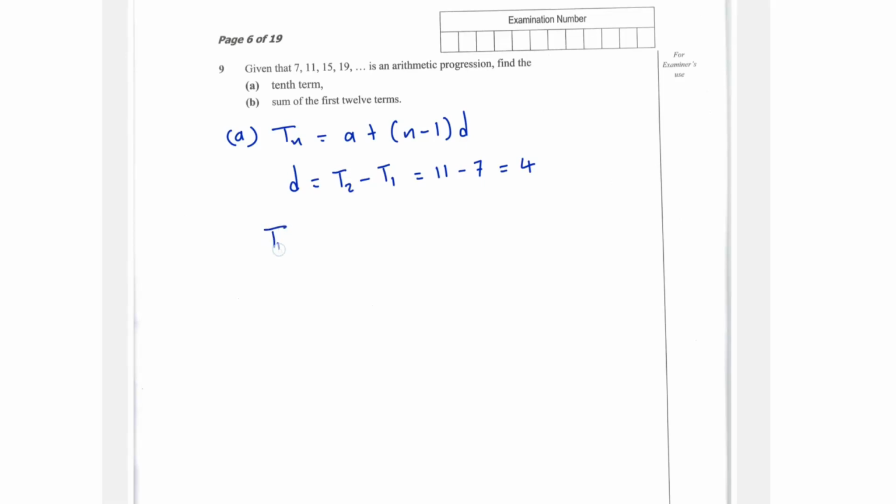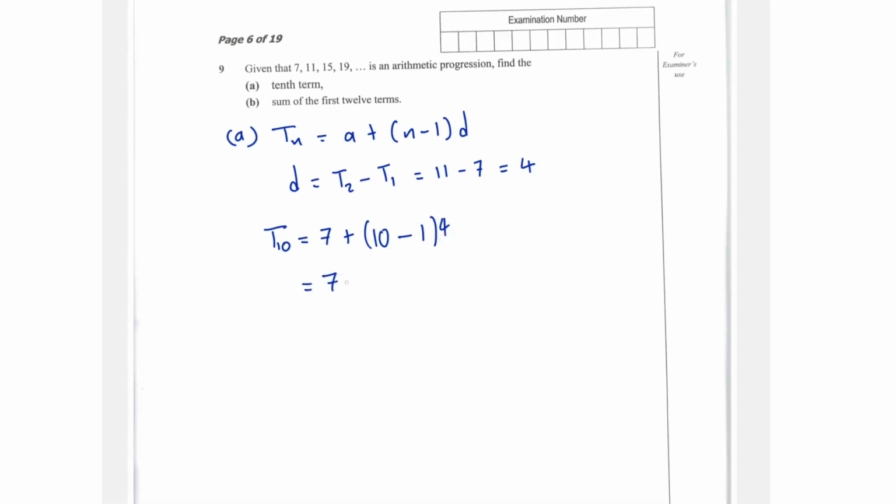So T10: where there's n, we replace with 10, and where there's a, we replace with 7, plus 10 minus 1, and then multiply by 4.